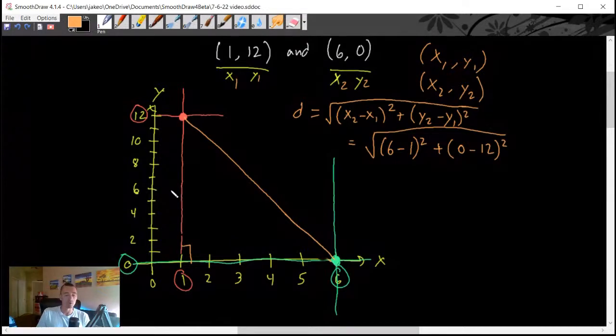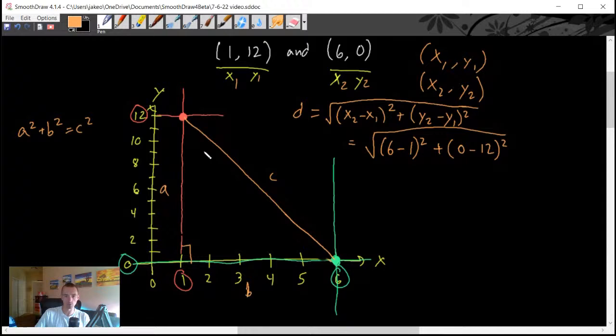Pythagorean theorem says that if you have a right triangle, and we call this side A, this side B, and this side C, the lengths of those 3 sides are related by a squared plus b squared equals c squared.